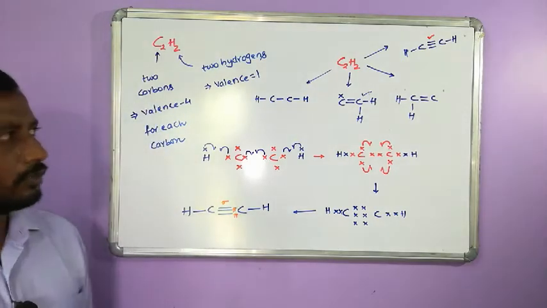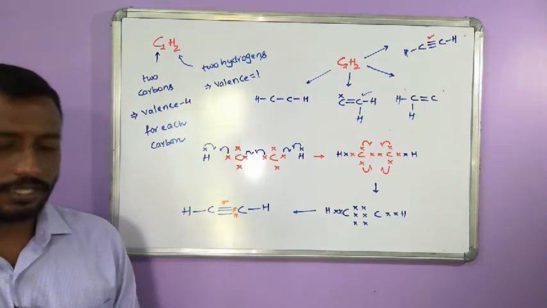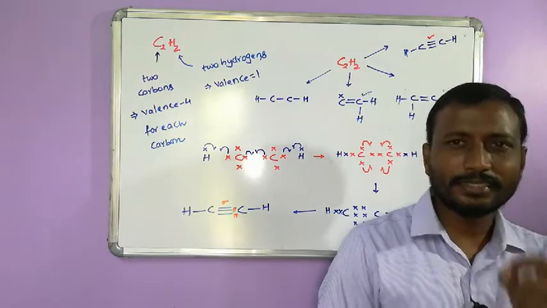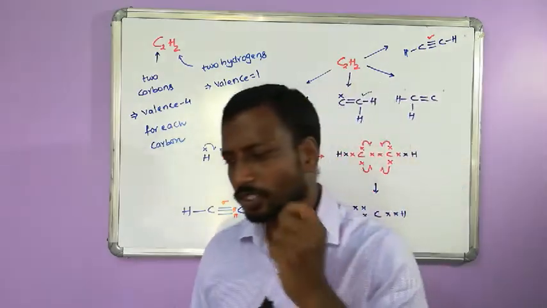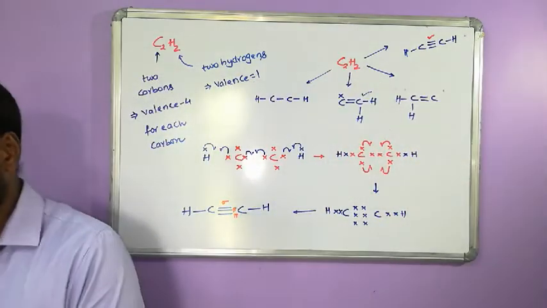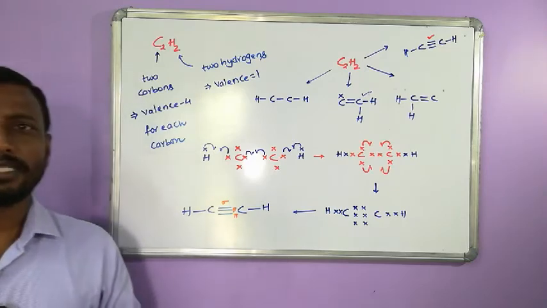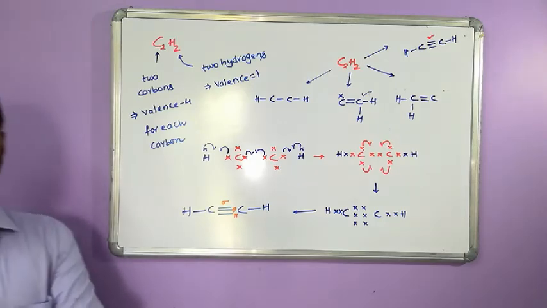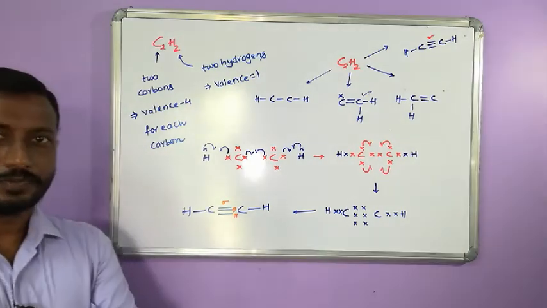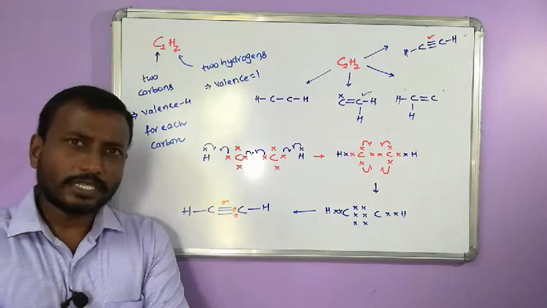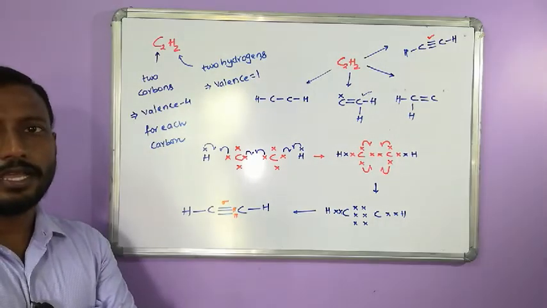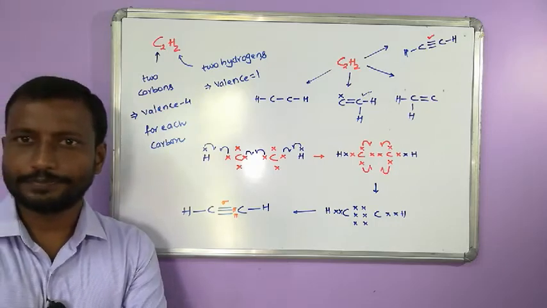Today we are going to start the versatile nature of carbon. Carbon is very important because it is forming most of the body parts. Most of the animal body is made up of carbon, and the chemistry which deals with carbon and its compounds is called organic chemistry.